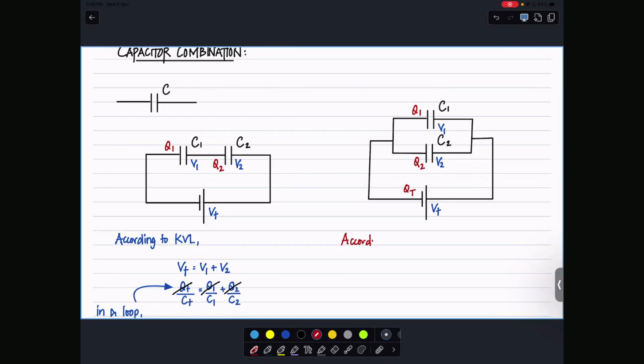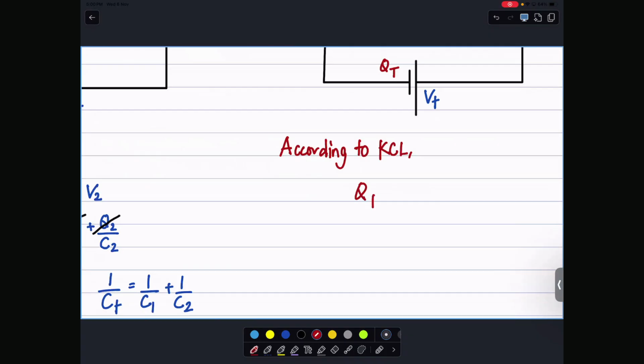So this is now going to be according to the charge law. According to KCL, current law, what can I write down? Q total is equal to what? Q1 plus Q2. And Q happens to be what? Equal to, in capacitors, CV, right? So I can write C total V total equals C1 V1 plus C2 V2.